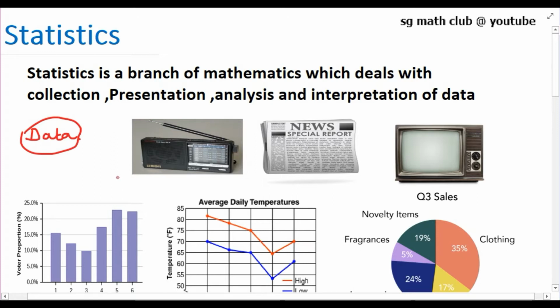The extraction of meaningful information is studied in a branch of mathematics called statistics. So statistics is a branch of mathematics which deals with collection, presentation, analysis and interpretation of data. In today's video, we will learn some of the basic terms that are used in statistics.